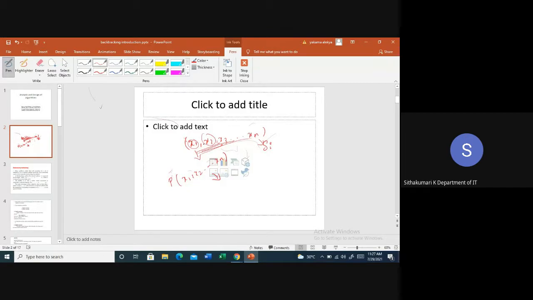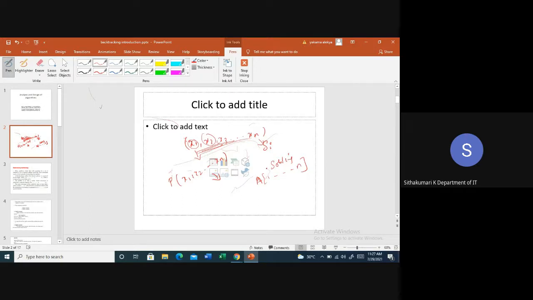For example, if you want to sort an array of elements, A of 1 to n, you have n number of elements and you want to sort them. For this problem, you can apply the backtracking technique and provide a backtracking solution.